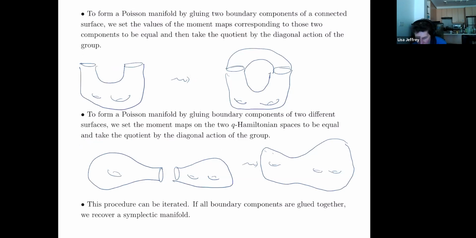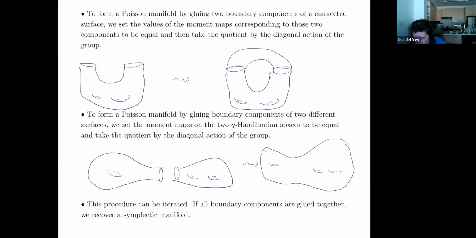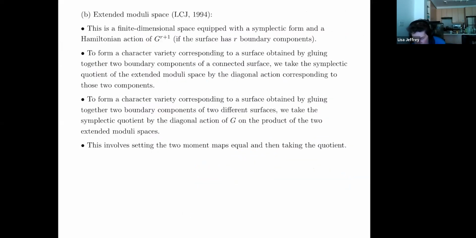If you have two different surfaces, as in this picture, you form a character variety corresponding to a surface obtained by gluing together two boundary components of two different surfaces. Then we take the symplectic quotient of the diagonal action of G on the product of the two extended moduli spaces. This involves setting the two moment maps equal and then taking the quotient.